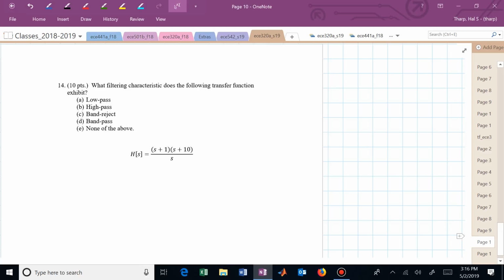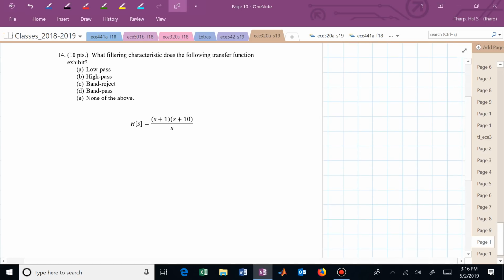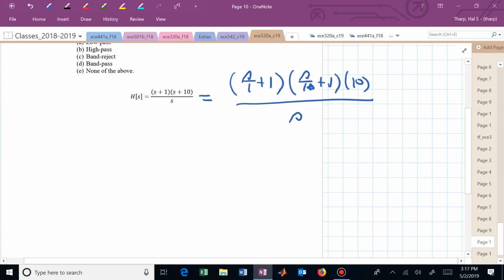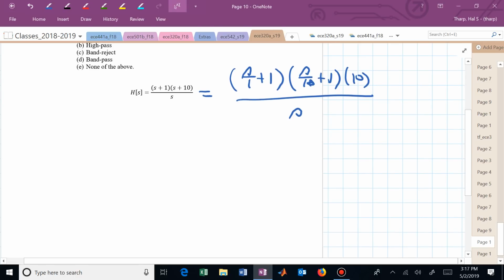And that you can, I hope, quickly start saying something like, oh, let me write this in time constant form. And you have that. And what's the magnitude of this look like if you wanted to consider all of the different pieces and parts?